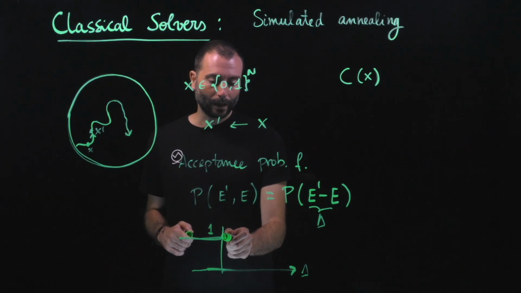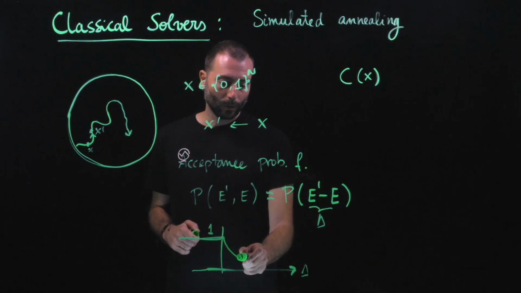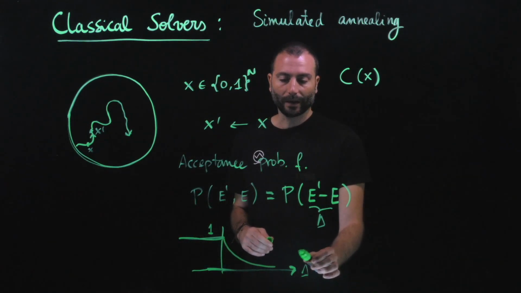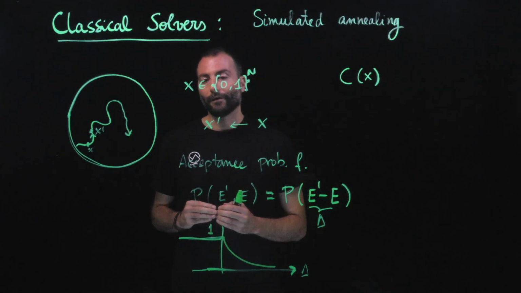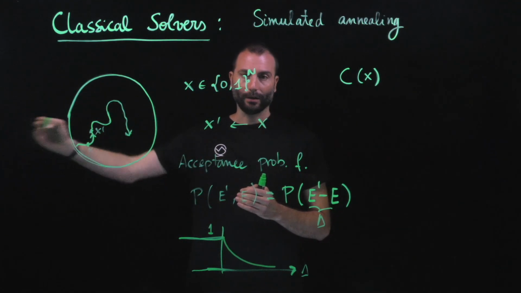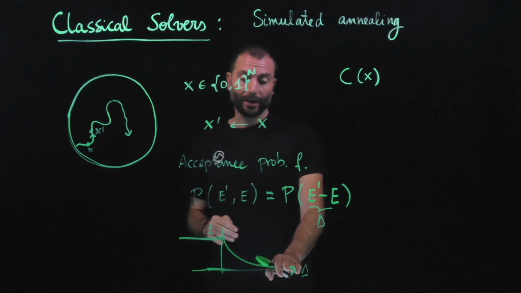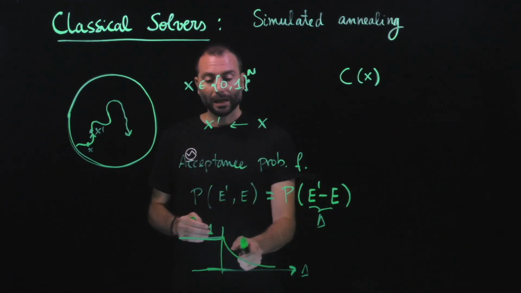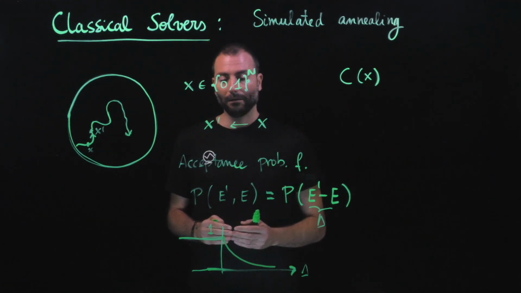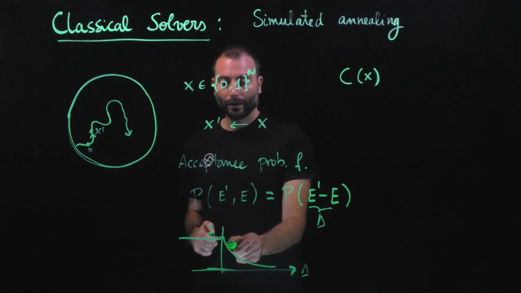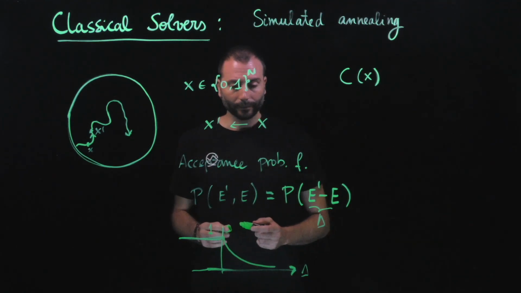Usually the probability of acceptance decreases with this energy difference delta. So if the new energy is much larger than the energy where you are, you reject the change, so the probability of acceptance is 0. But if it's a bit larger, you will have a relevant chance to accept it.